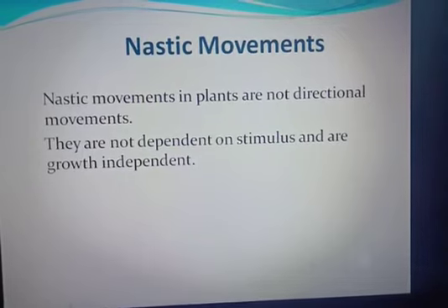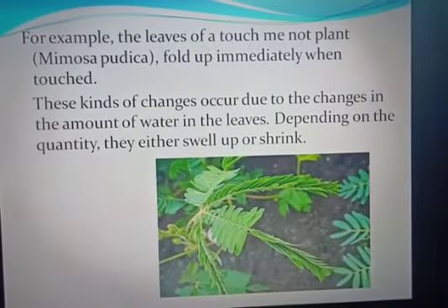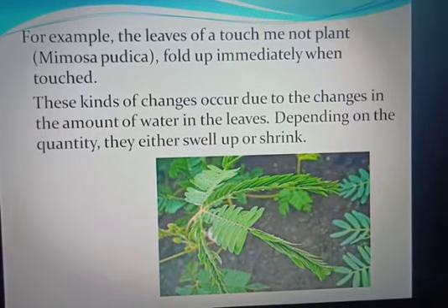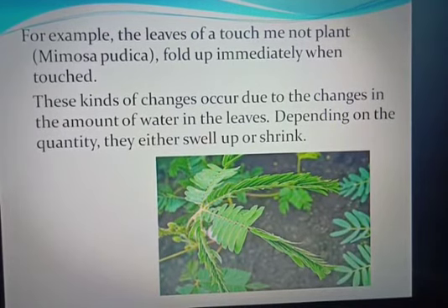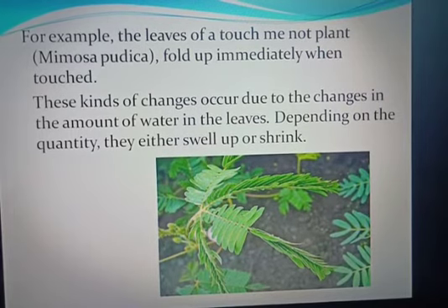Here, if we take an example, the leaves of the touch me not. I hope all of you must have seen the touch me not plant. Touch me not itself is saying do not touch me. The scientific name of the touch me not plant is Mimosa pudica. It folds up immediately when you touch it.